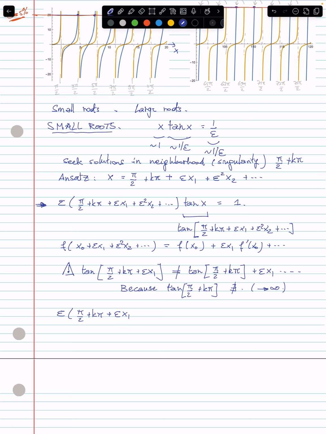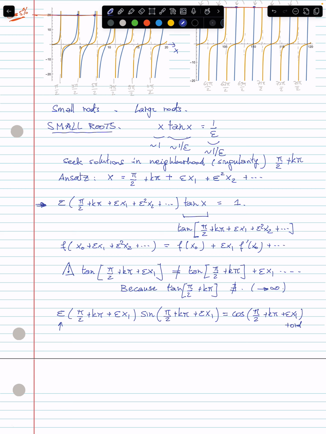Okay, so I don't want to keep epsilon square here in this term, because I already have an epsilon over there, multiplied by the sine of x, which is pi over 2 plus k pi plus epsilon x1, and so on. And this is equal to the cosine of pi over 2 plus k pi plus epsilon x1.